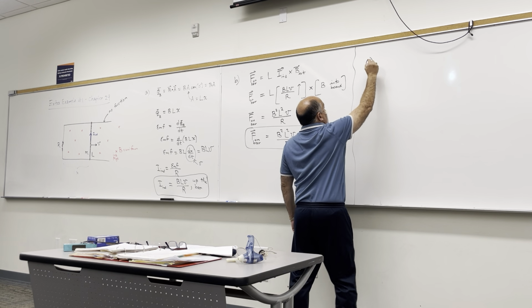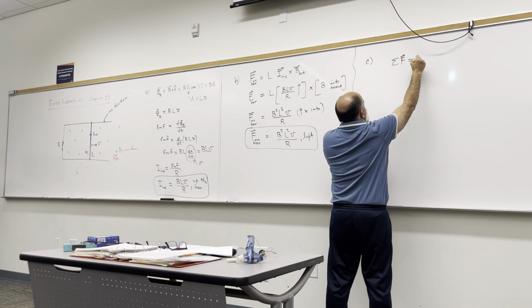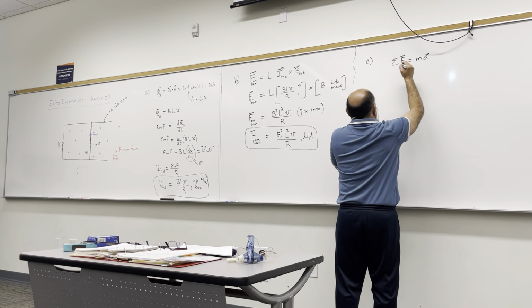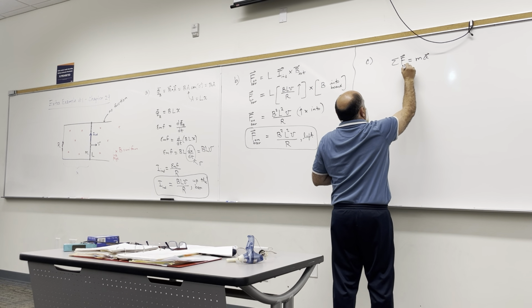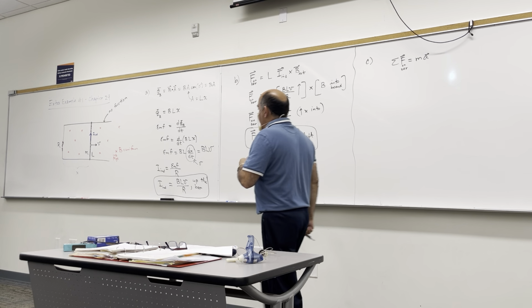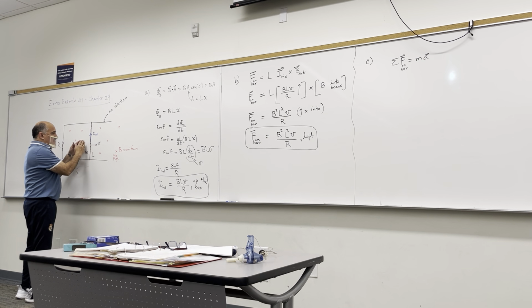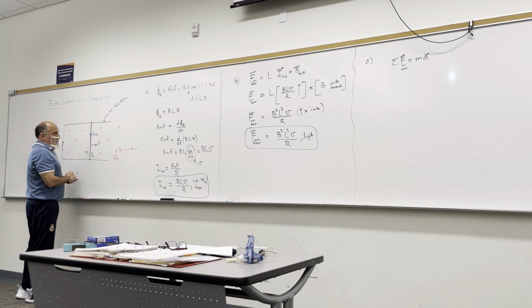So, the sum of the forces is equal to the mass times the acceleration. This is on the bar, so that will be the acceleration of the bar. Once it begins at t equals 0, the speed is v naught.